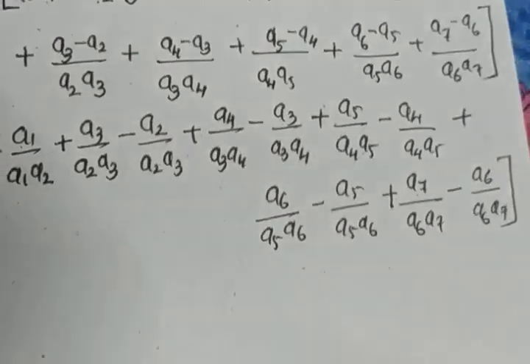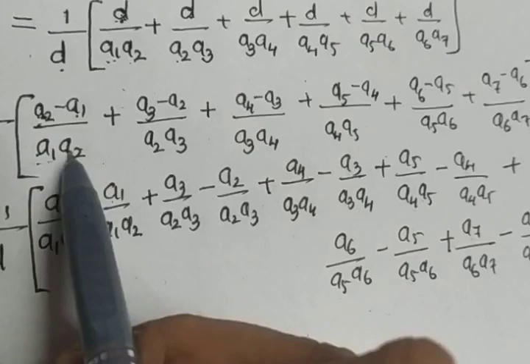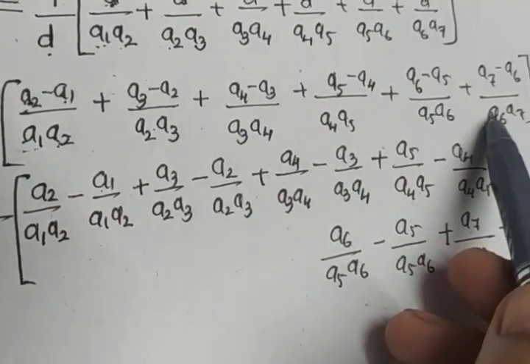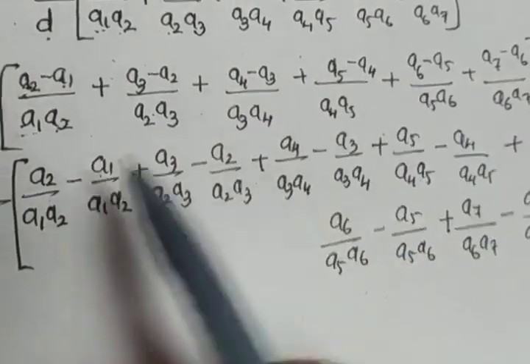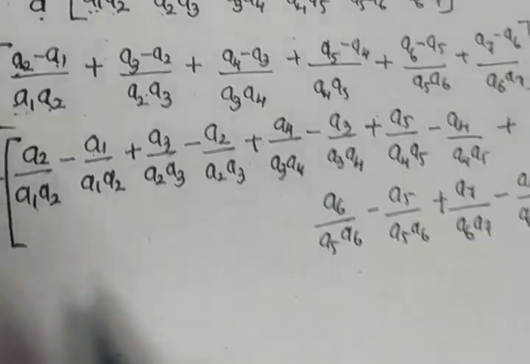So what we did is we split the term. Actually there were 1, 2, 3, 4, 5, 6 terms. So now we split it as 12 terms.